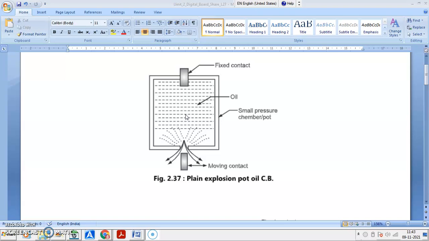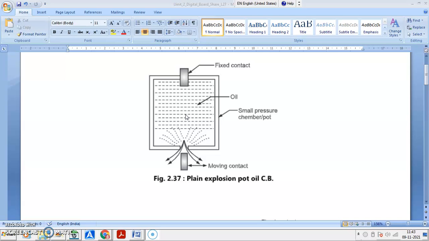Along with this, there are certain disadvantages. This is a very low pressure arc extinction chamber, so for very high faults you cannot use this. High short circuit current, you cannot use this. With very low fault current, the gas formation is very less and pressure is also very less, so arc extinction will not be fast. The arc will persist for a longer time, and therefore you will not be able to isolate the circuit as early as possible.